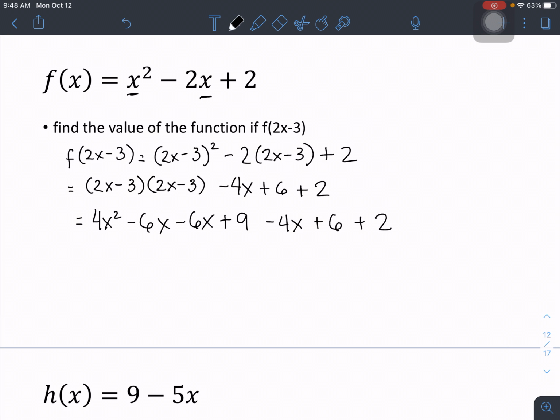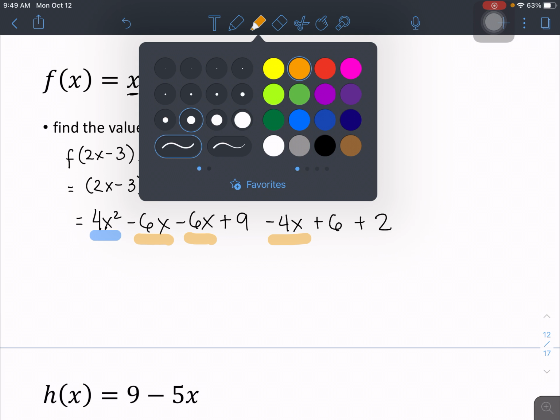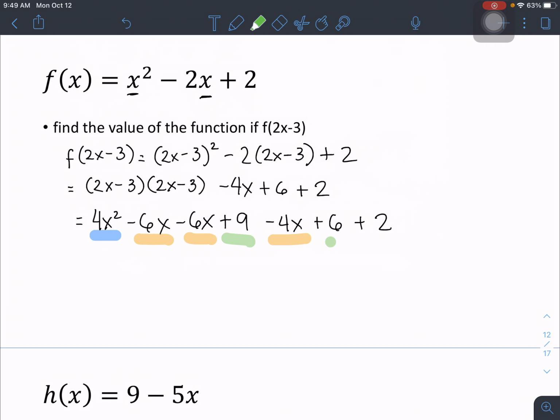So next, combine similar terms. We have 4x squared, and there is no other similar term for x squared. Next are the x's raised to 1: negative 6x, negative 6x, and negative 4x, and all the numerical coefficients, which are 9, 6, and 2.